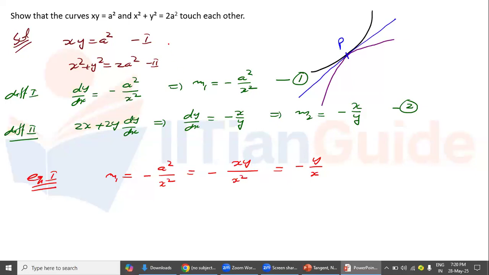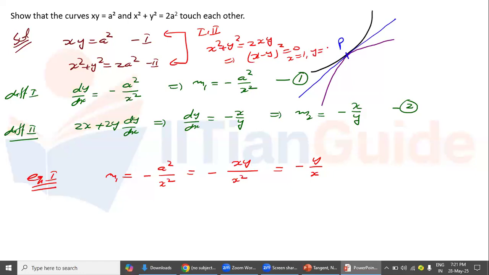Both are the same, I'm telling you how. From equation number 1 and 2: in equation number 1, a square is on the right side; in equation number 2, on the right side I'm having 2a square. From 1 and 2, I can say that x square plus y square is equal to 2a square, that is 2xy. Basically, transfer 2xy to the left side, and you can write x minus y whole square to be 0.